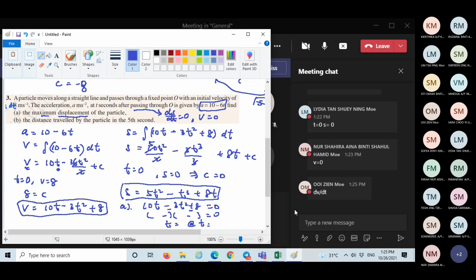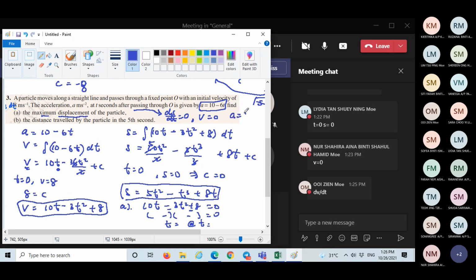dv/dt, then how do I know which one is maximum? dv/dt equals to what, or is what? Then I know that one is maximum. Okay, dv/dt actually is a.